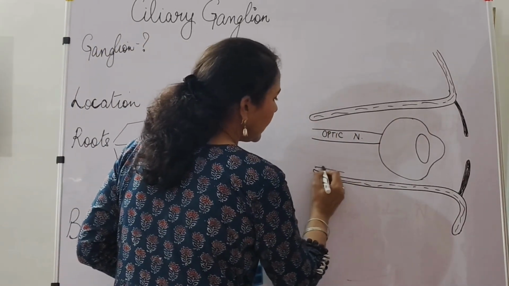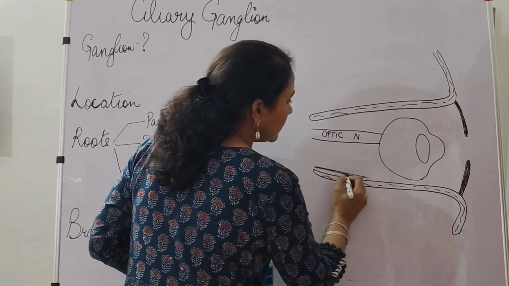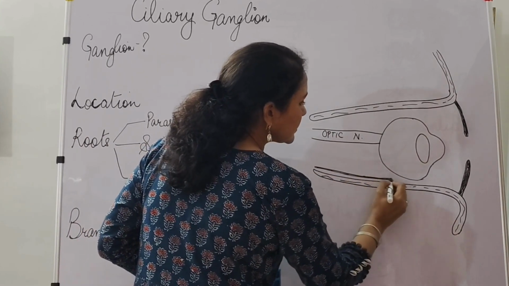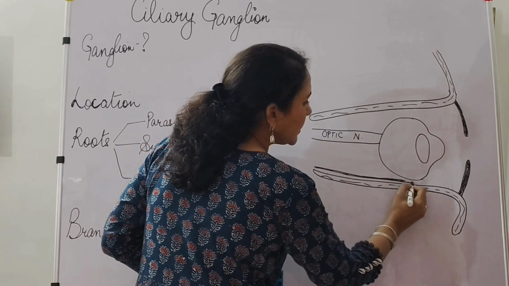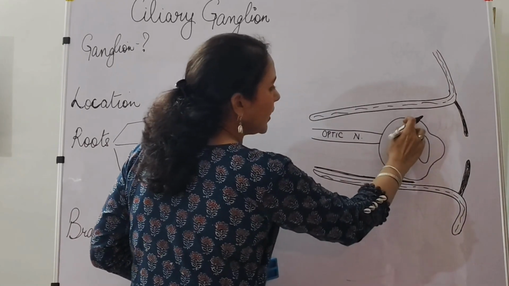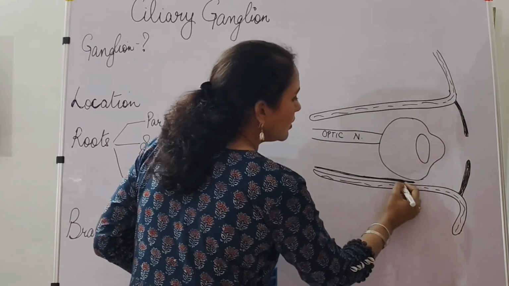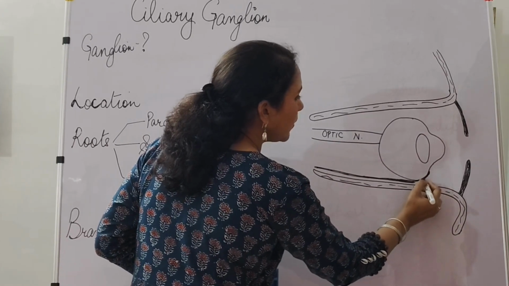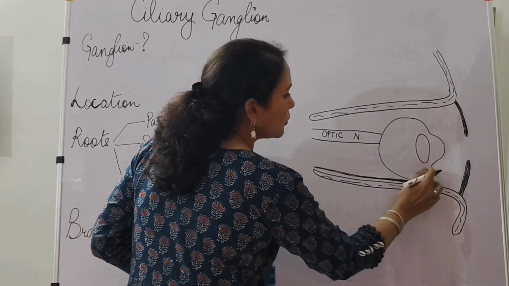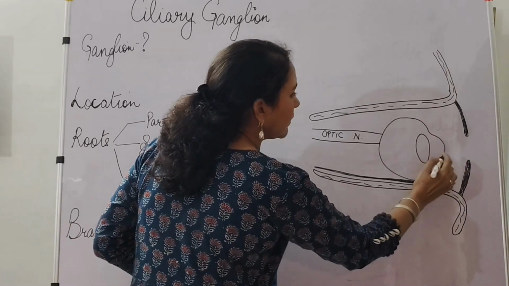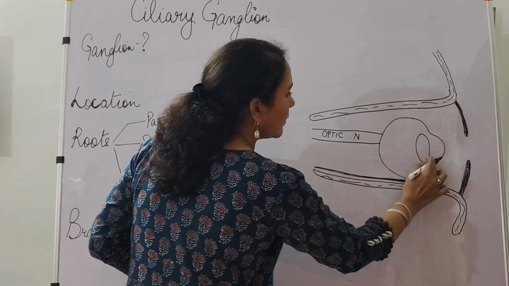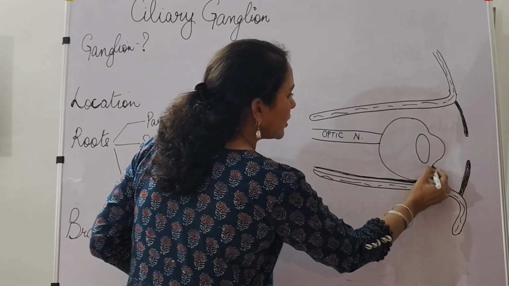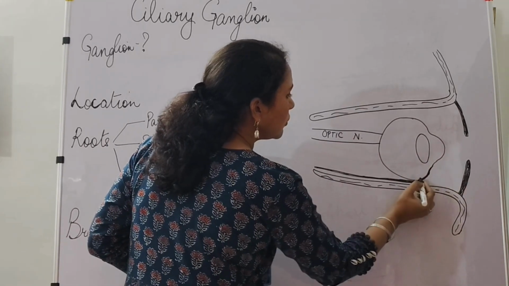And here we have a muscle, that is the lateral rectus muscle, which will be inserting in front of the equator. This is the equator of the eyeball. So this muscle is going to insert in front of the equator at the junction of the sclera and the cornea.